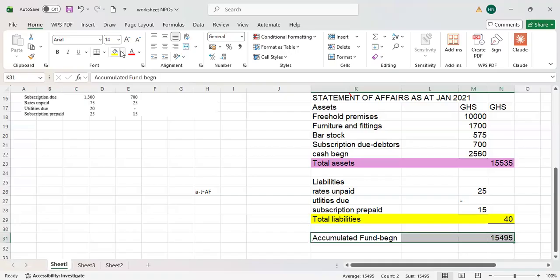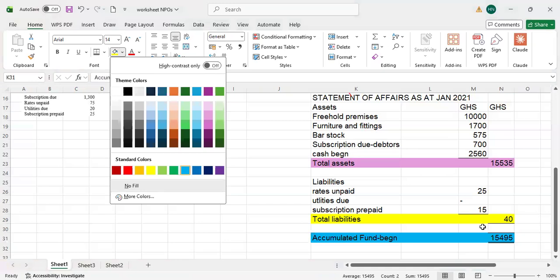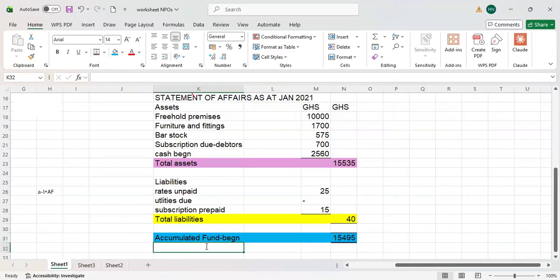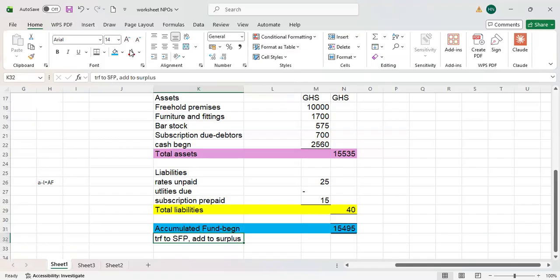So it is this figure that I am going to add to my surplus. So if I don't want to forget, I can put here: transfer to statement of financial position, add to surplus. This is just to help you remember.